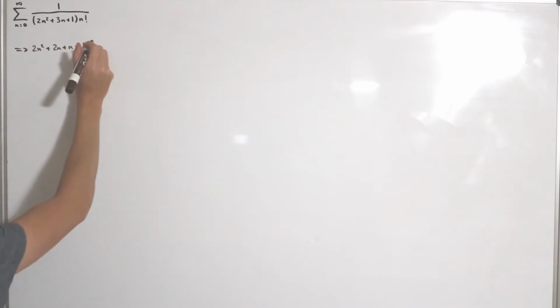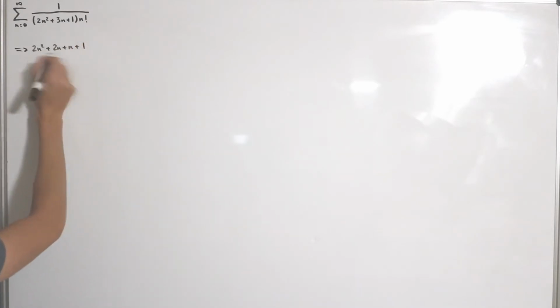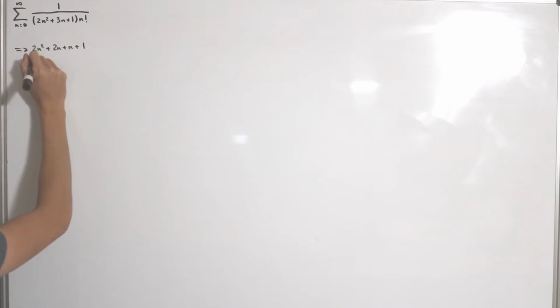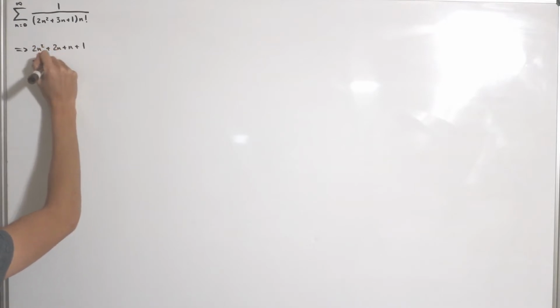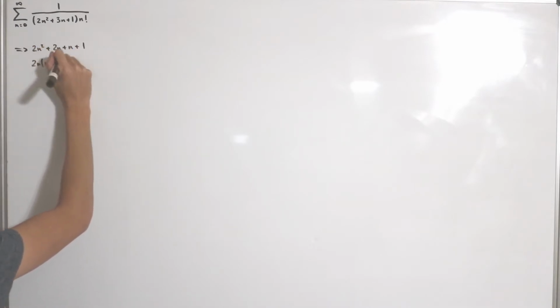Then notice that I can factor out 2n, so 2n times (n plus 1), and then we have an n plus 1 here, so it's just multiplied by 1.